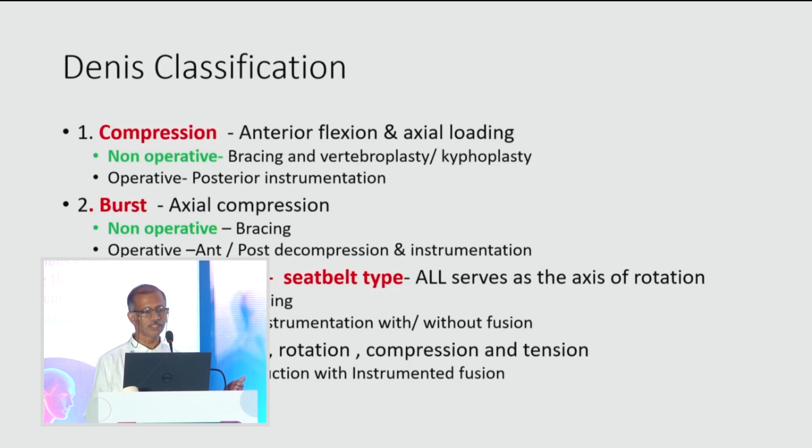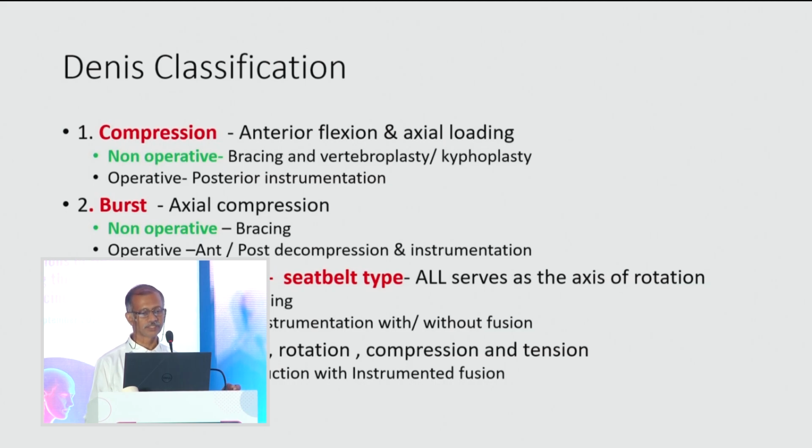Burst, again you can have non-operative and operative. This is why we classify, to help us make a better decision. Non-operative is bracing and operative again instrumentation. In flexion distraction injuries, again non-operative is bracing and operative is posterior instrumentation with or without fusion. So in flexion distraction, you need to have some fusion.